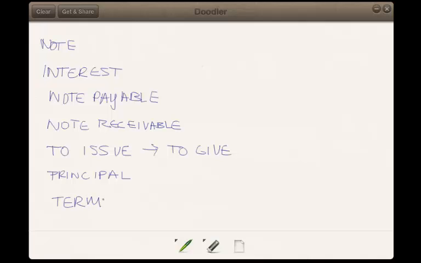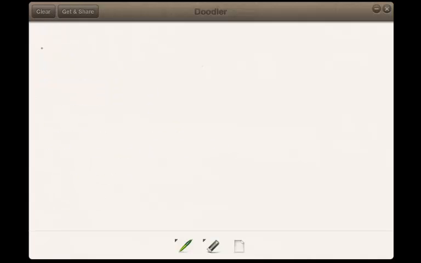We have term, which is the amount of time money is being borrowed. We have issue date, which is the date the written promise to pay is given from one party to another.